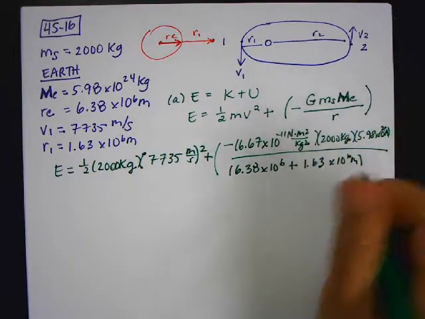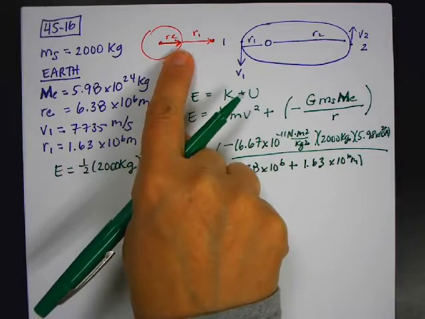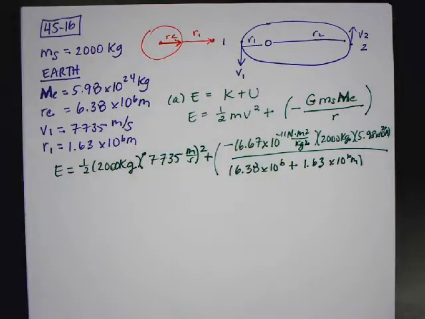So remember, this radius is, again, the radius of the Earth plus the distance the satellite is above the Earth. So that's where you could make a mistake.